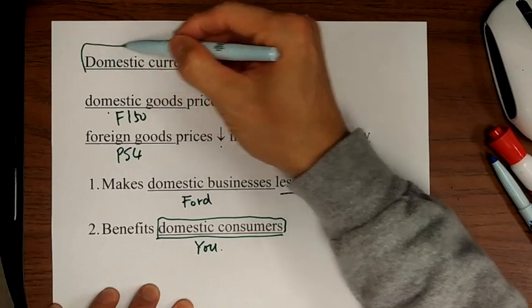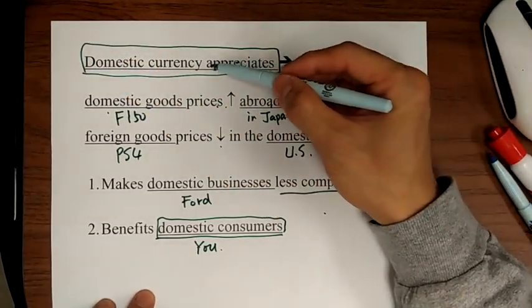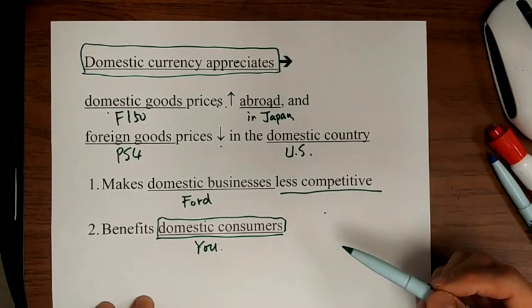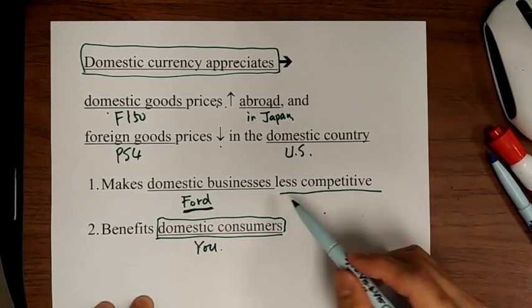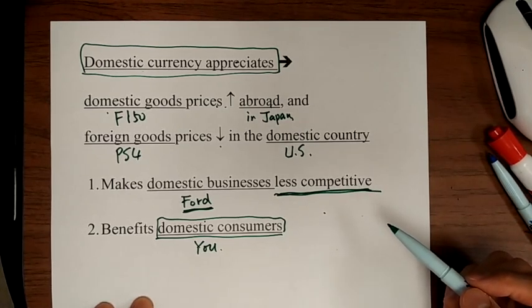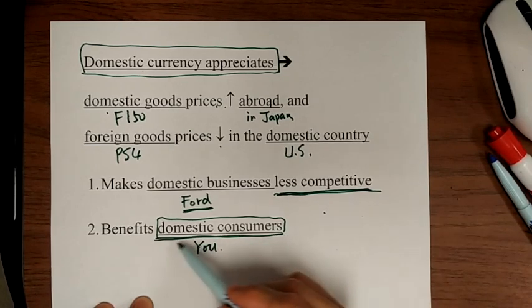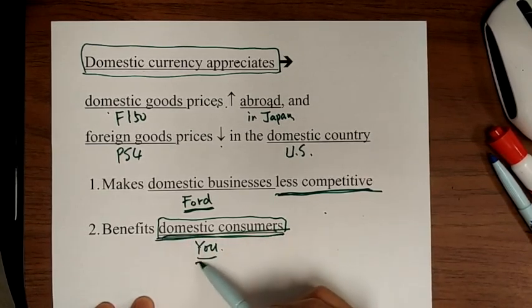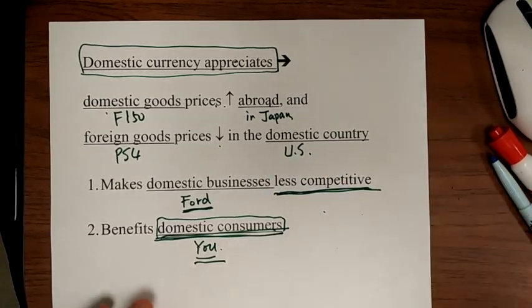Therefore, when domestic currency, when US dollar appreciates against Japanese yen, the domestic business is not happy because they are less competitive against foreign business. But domestic customer is happier because foreign goods become cheaper now.